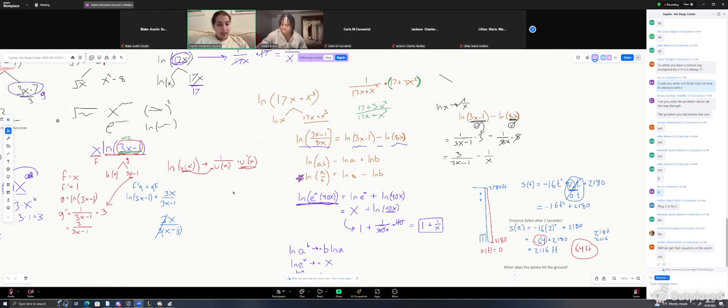So let's say s of t is equal to 0. And let's solve. So s of t was negative 16t squared plus 2180. Okay, so now I'm going to need to pull out my calculator, but I'm going to put that negative 16 over here.